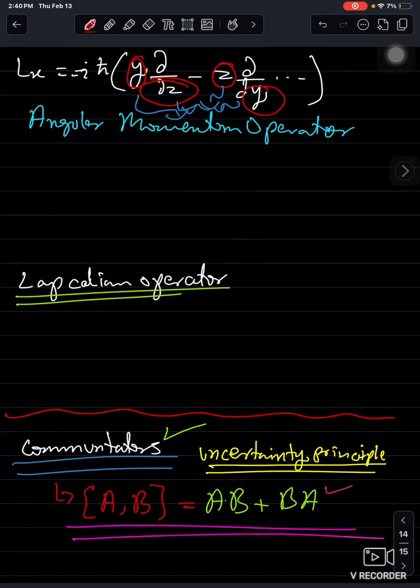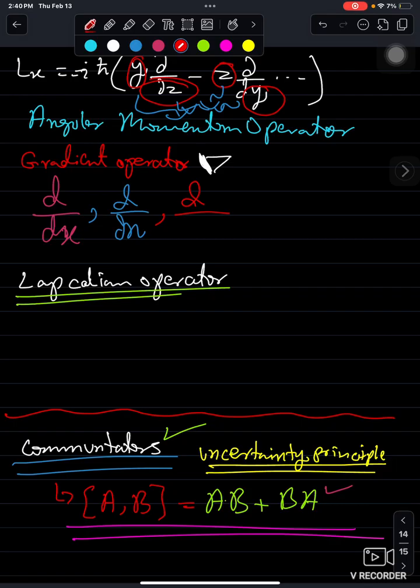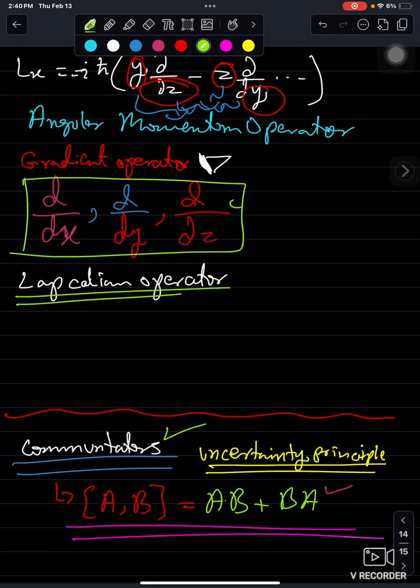What the gradient operator does, as you might have guessed from the word, is that we're talking about dimensions. The gradient operator gives us what dimension we're talking about: spatial dimension.